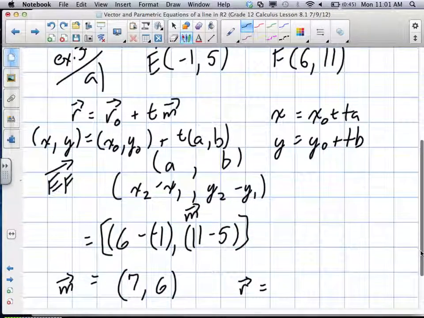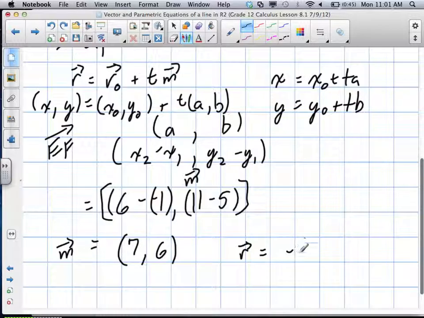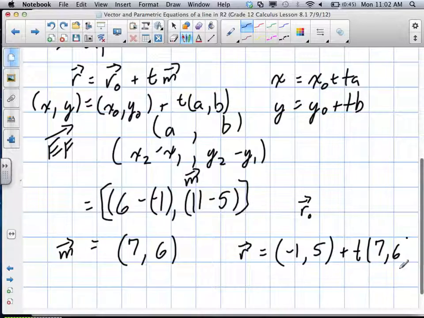So let's use point E for now, since it's the first one, -1 and 5. And remember, that is our r naught, one of the points along the line, plus t, and our a, b, or our directional vector, is 7 and 6.